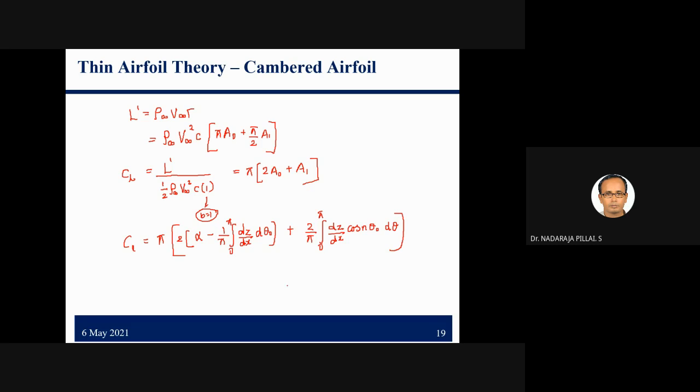So this can be written as finally CL is equal to, I take this 2 pi out, and say this can be alpha plus 1 by pi integral 0 to pi dz by dx into cos theta naught minus 1 into d theta.